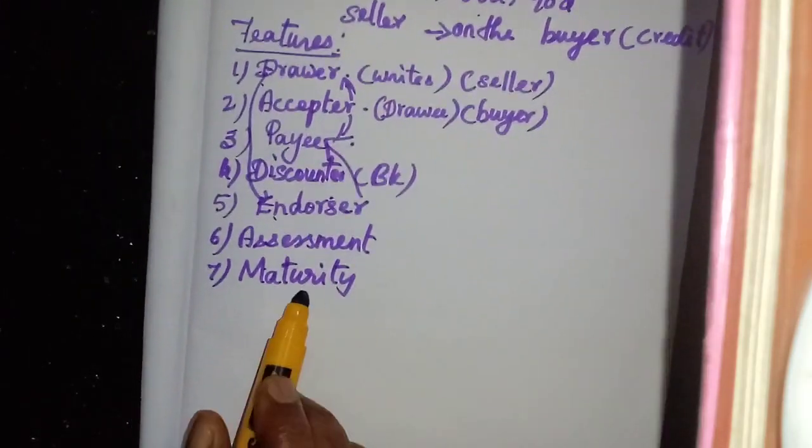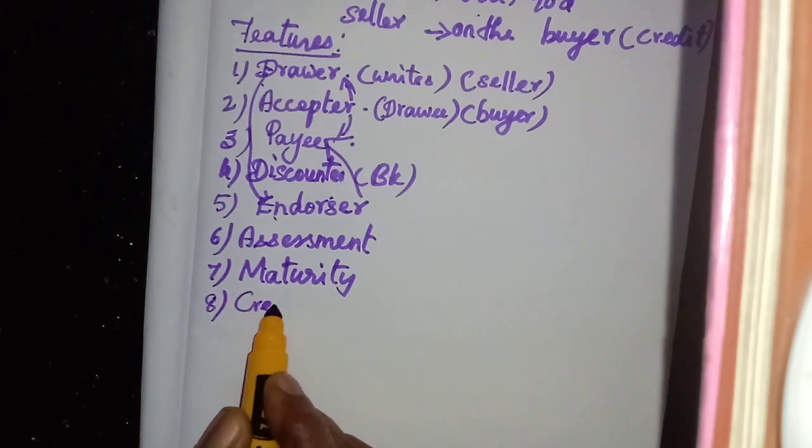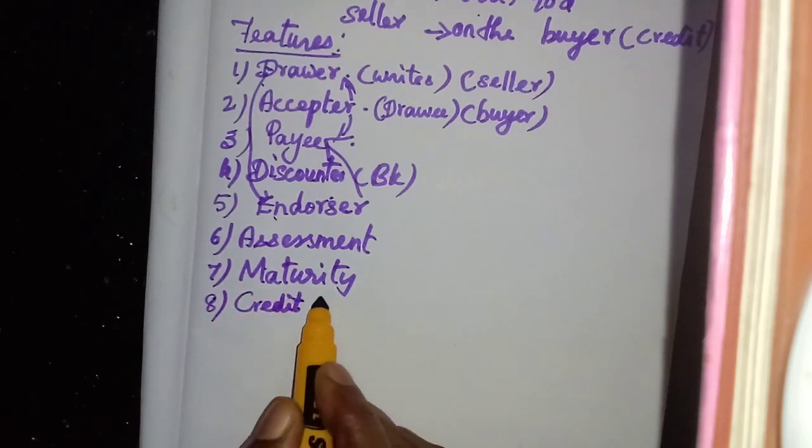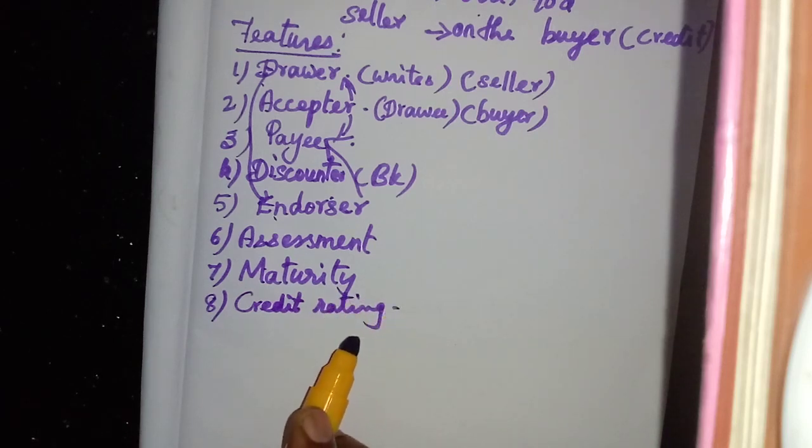That day will be the maturity date. Then credit rating: the credit they can raise through the issue of these commercial bills, whether it is high or low.